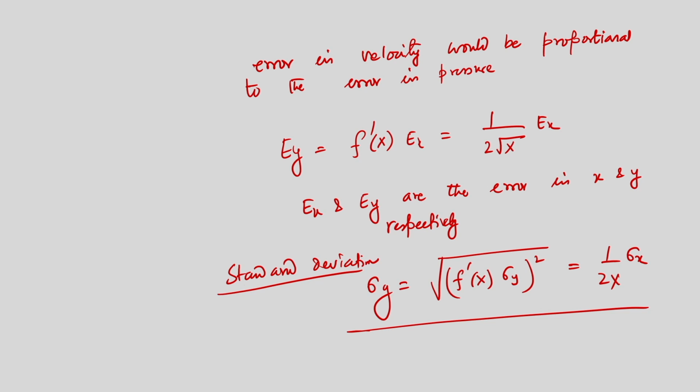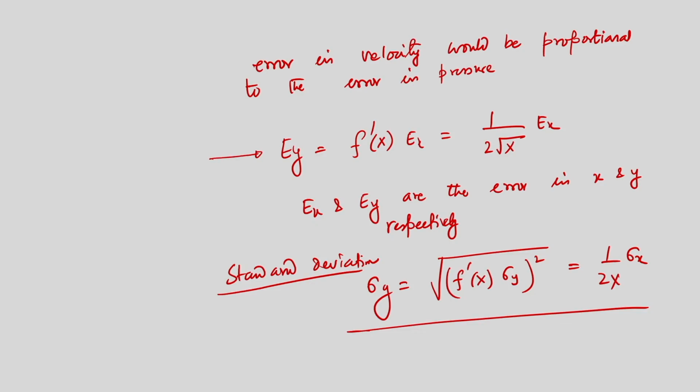Now, this general method which we have discussed can be used to estimate the error in the computed value of a function of a single variable. So, till now, taking an example, we have discussed that this method can be used to estimate the error in the computed value of a function of a single variable. That means the computed value is y, which is a function of a single variable, that is only x, and we can calculate E y, the error.